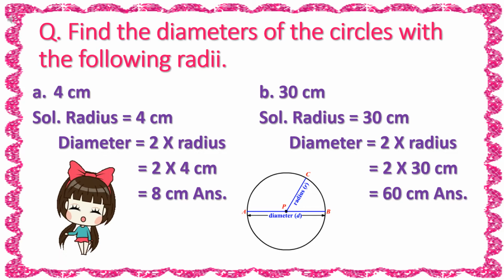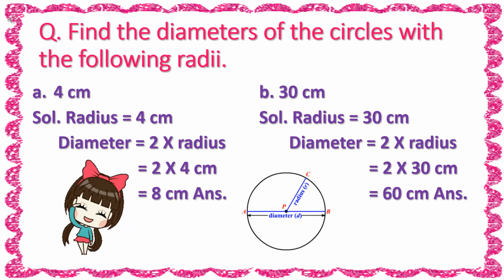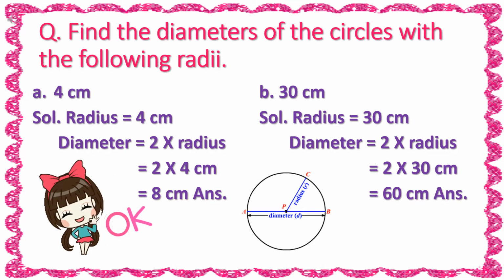So let's learn to find the diameters of the circles with the following radii. आपको radii दी गई हैं, आपको diameters find out करने हैं. Means आपको किसी भी सर्कल के रेडियस बताए गए हैं, आपको डायमीटर पता करना है.